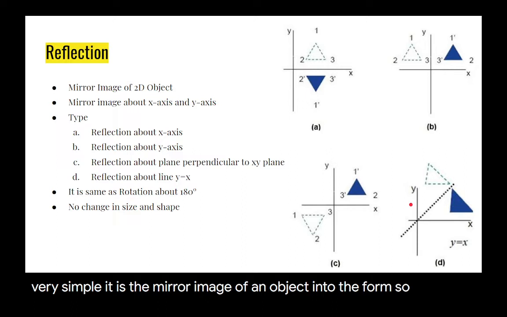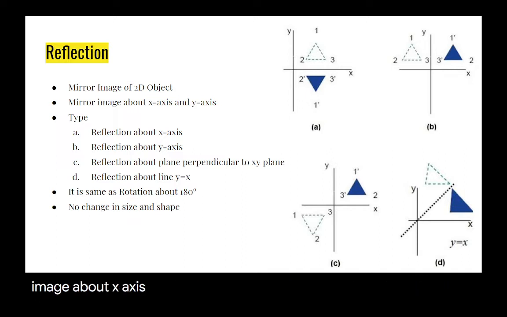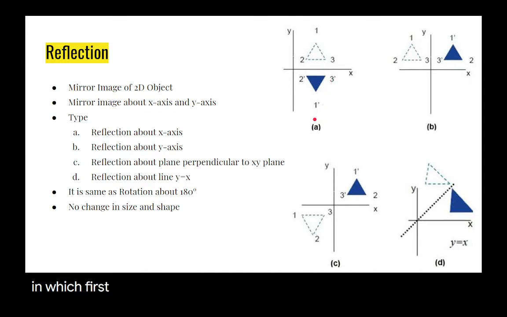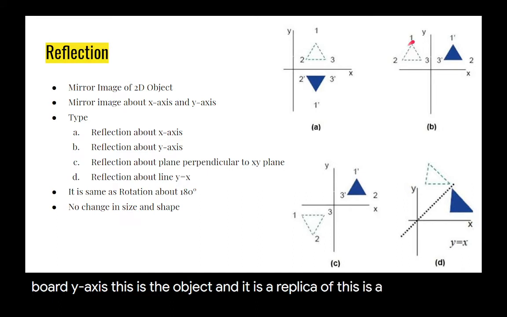So, a mirror image about the x-axis or y-axis. We have four types of reflections. The first type is reflection about the x-axis, and the second is reflection about the y-axis. This is the object and this is the replica of the object.